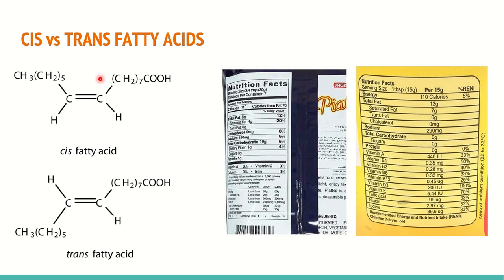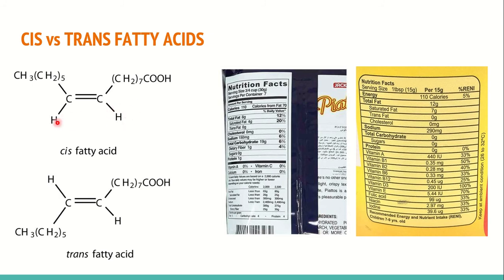Now, we also have yung tinatawag nating cis and trans fatty acids. So, if you're familiar with your trans fat, yun yung short term natin for trans fatty acid. Okay. So, if you recall your organic chemistry, cis fatty acids, kapag cis, pareho yung location ng ating H or hydrogen atom.